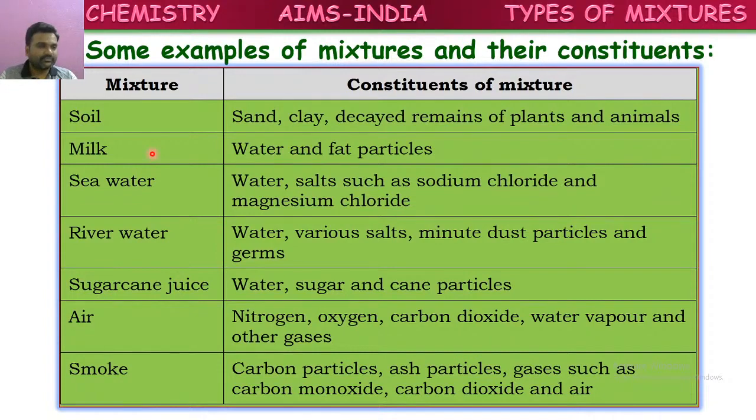So it is a mixture. Air, we already discussed. Air is a mixture of several gases like nitrogen, oxygen, carbon dioxide, water vapor, and some other gases like noble gases. These all will be there in that. So it is a mixture. And smoke is a composite of carbon particles, ash particles, and some gases like carbon dioxide and even carbon monoxide. So these all are the components of smoke. Hence it is a mixture.